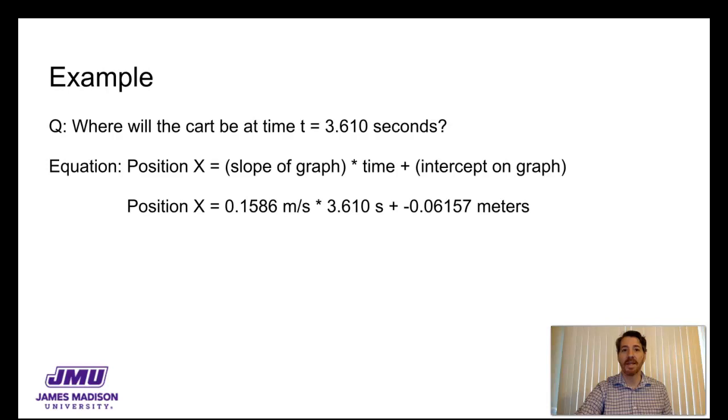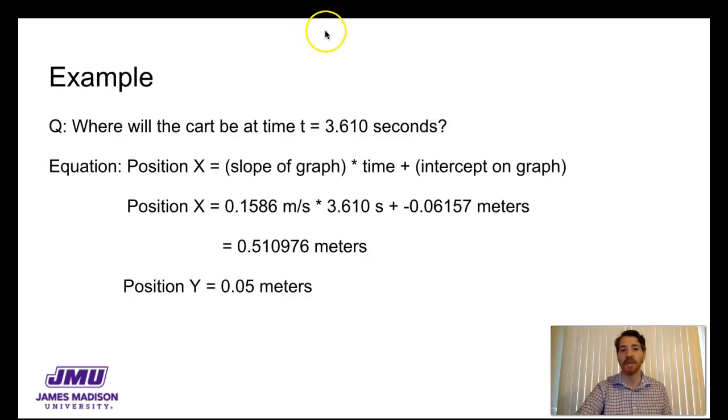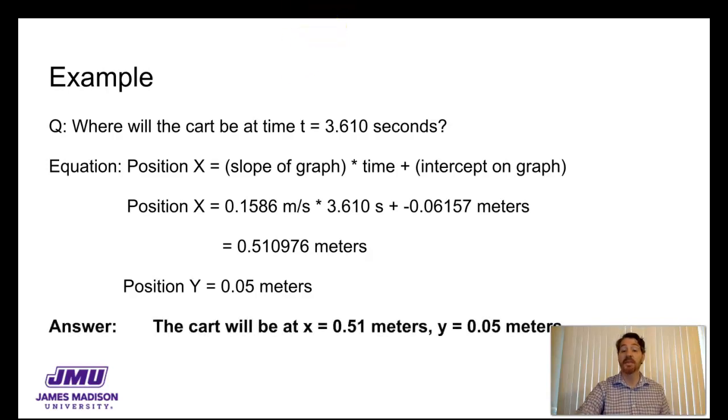And what that gives me is that in the x direction, the position should be 0.510976 meters. And in the y direction, it was 0.05 meters the whole time. It didn't change. So I predict that at 3.610 seconds, the cart will be at x equals 0.51 meters, y equals 0.05 meters.